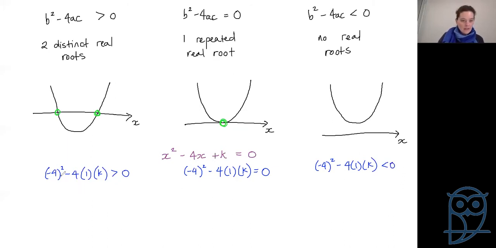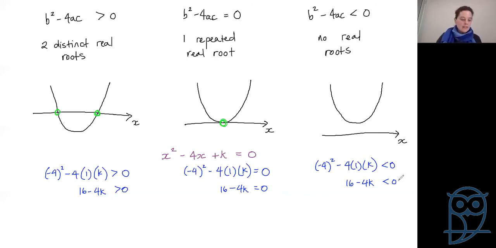So we would have 16 minus 4k greater than 0, 16 minus 4k equals 0, and 16 minus 4k less than 0. So it's always the same thing where we're looking at b squared minus 4ac.